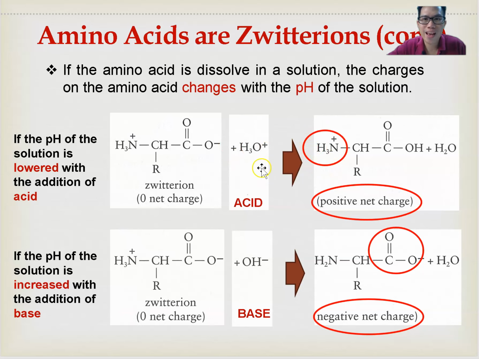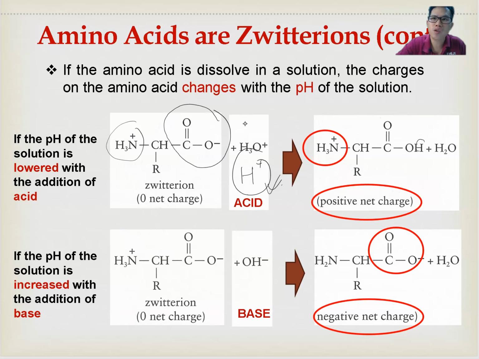In acidic conditions, when there is a surplus of hydrogen ions, they will be added to these two groups, but here is full already. The maximum is NH3 plus, so it will be added to the other end to form COOH. You can see from here they form COOH. Over here, there's no surplus of hydrogen ions. In fact, it is deprived of hydrogen ions.